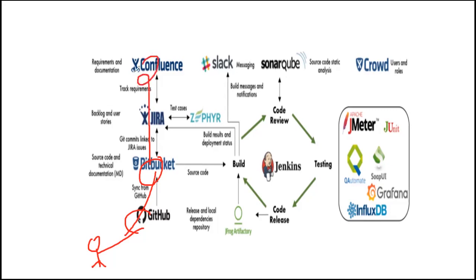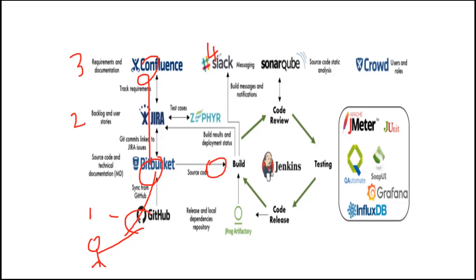There is Confluence. So Bitbucket is one tool, Jira is the second tool, Confluence is the third tool, and each and every action we need to notify. So Slack is the fourth tool. Once all this starts, a build should start, so build and compile should start.